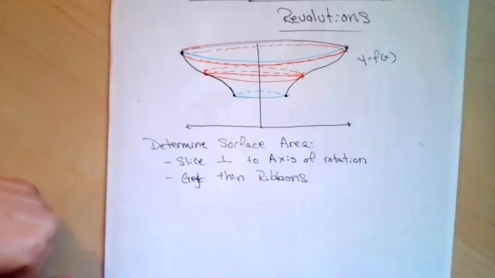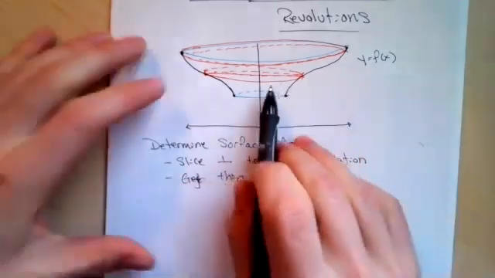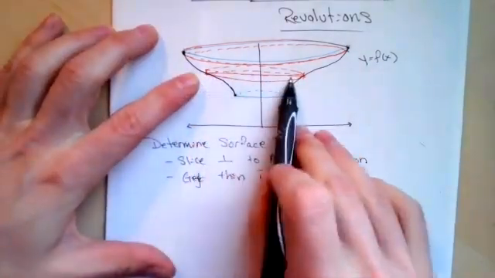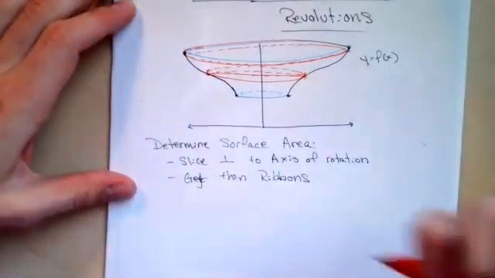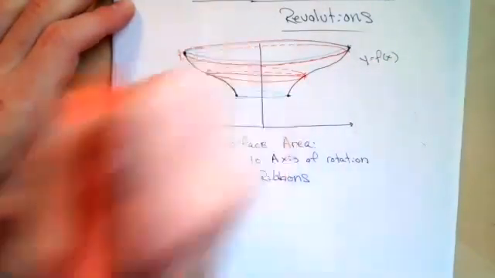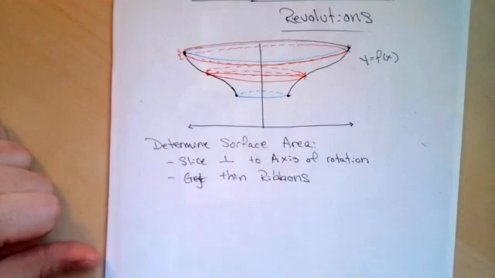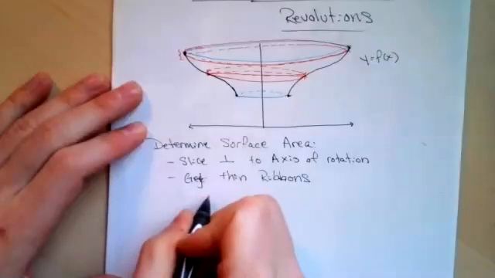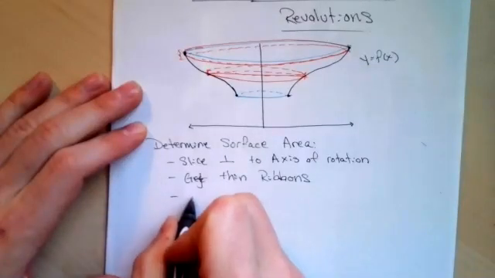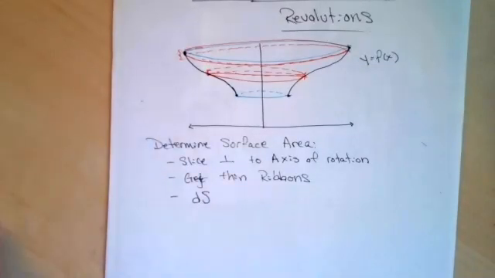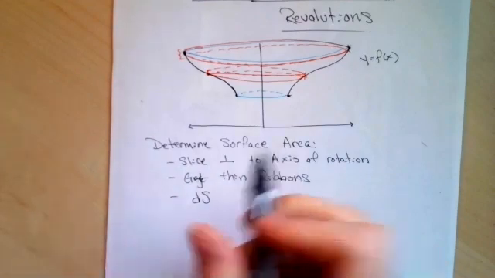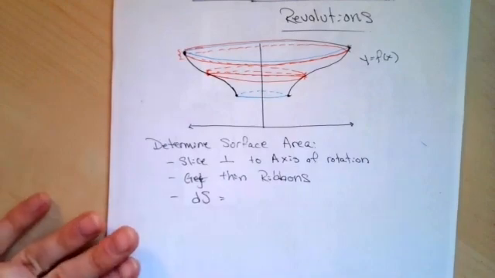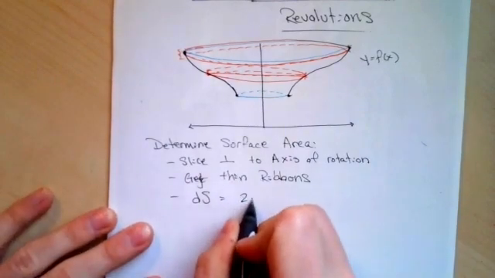And we can approximate the volume of these, or excuse me, the area of these. Well, it's going to be the circumference times the length here. So let's use capital S for surface area. It is going to be given by the circumference.